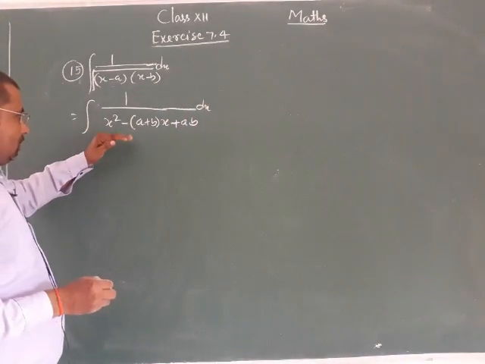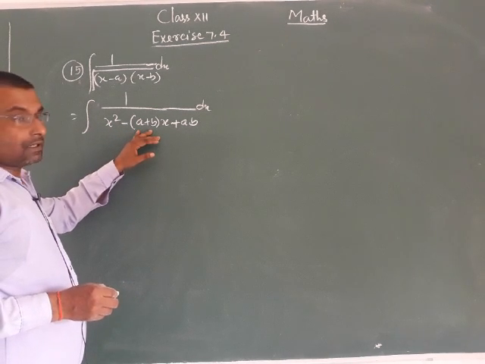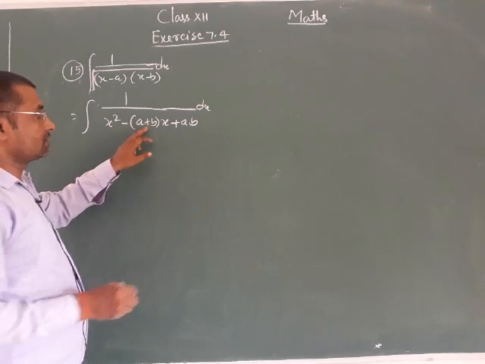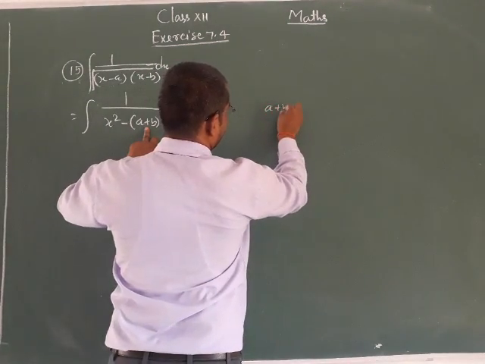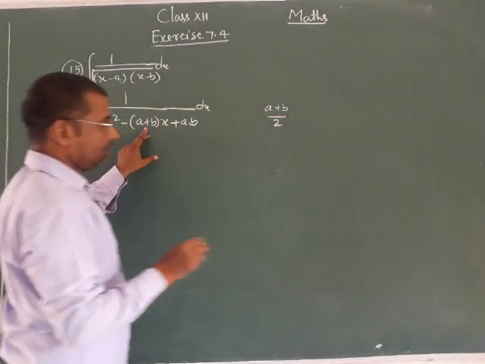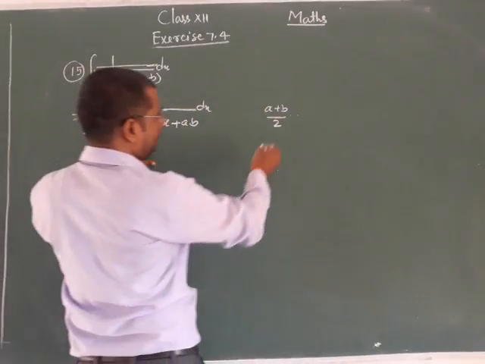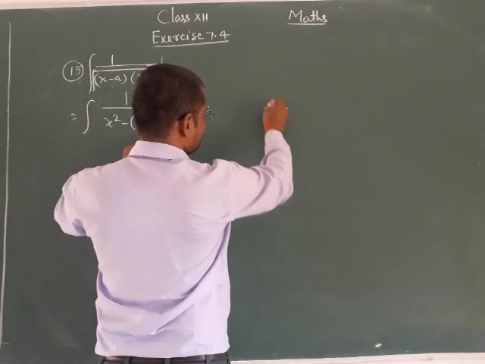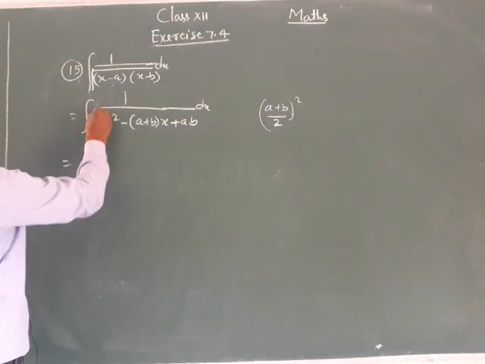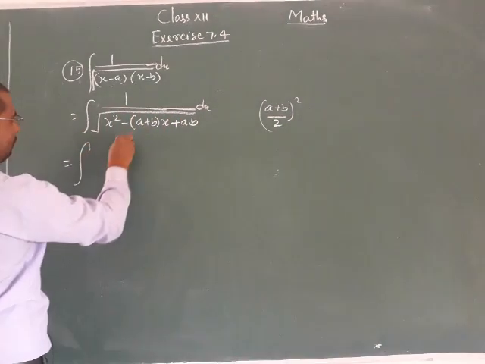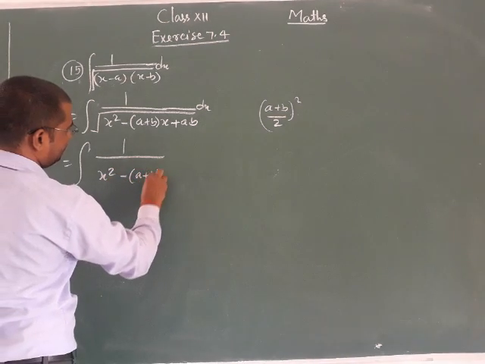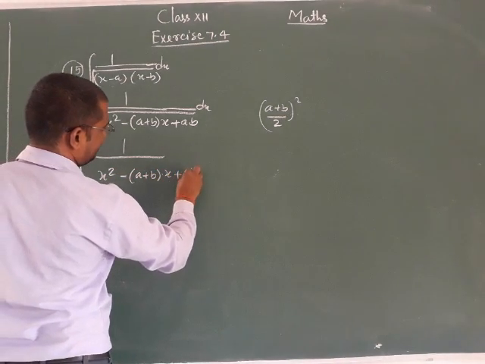So you can solve by the completing square method. Taking the coefficient of x, a plus b, divide by 2 and squaring and adding in this way. So integral of 1 upon root of x square minus (a plus b) into x plus ab.